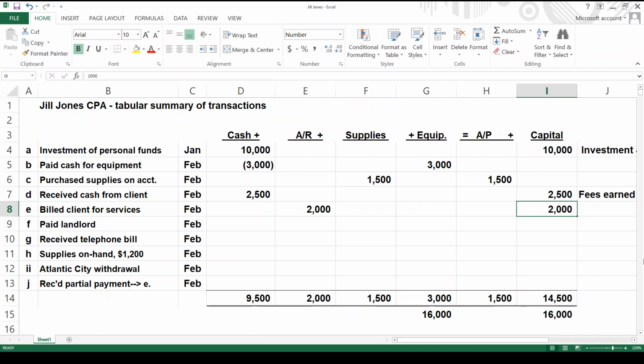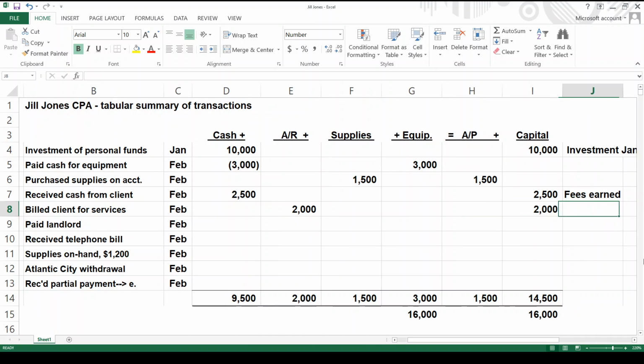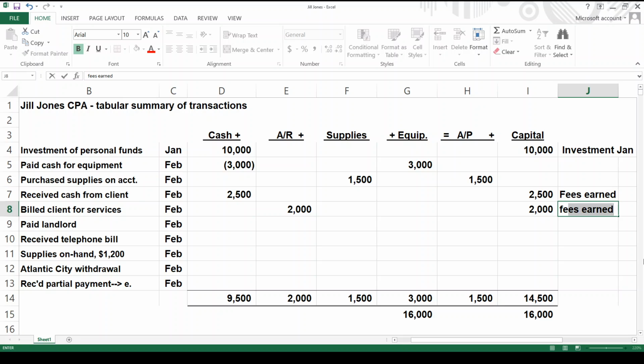In both cases, you did the work and you billed, charged, or invoiced the client or customer. If that happened, whether you get the money or not, you've earned it. So the earnings process takes place when you've provided the service and you've charged the customer or client.